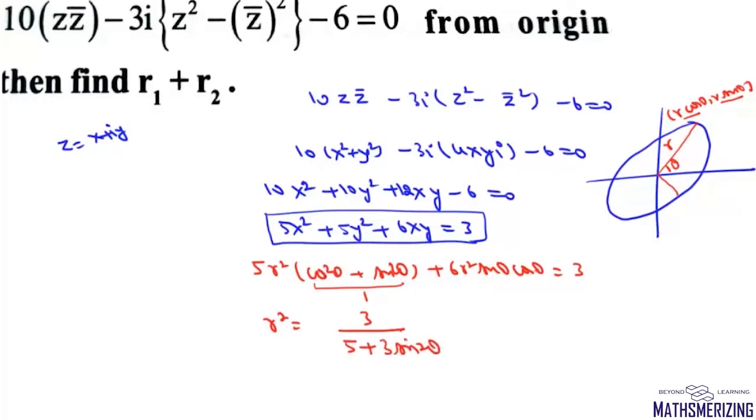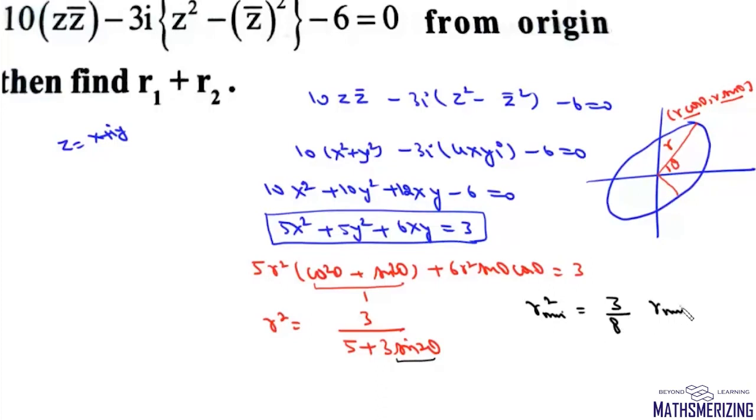Now we need to find the maximum and minimum value of r. Now this r will be minimum when the denominator is maximum, and the maximum value of sin 2 theta is 1. So the minimum value of r square will be 3 upon 5 plus 3, which is 8.